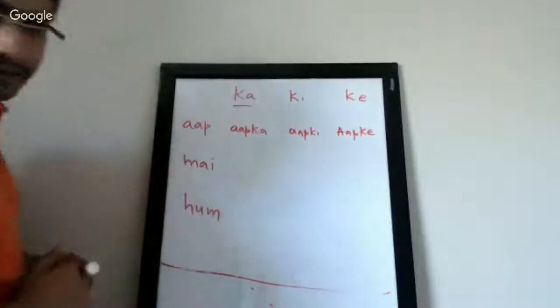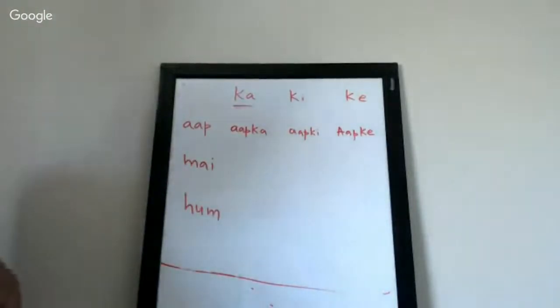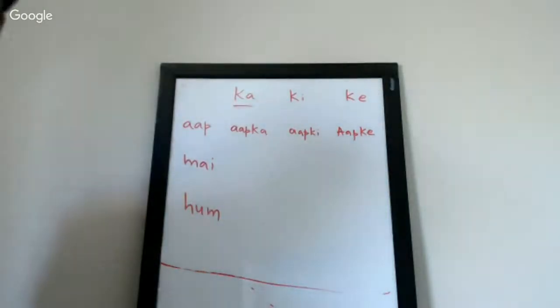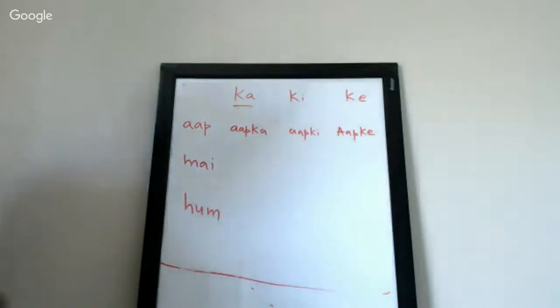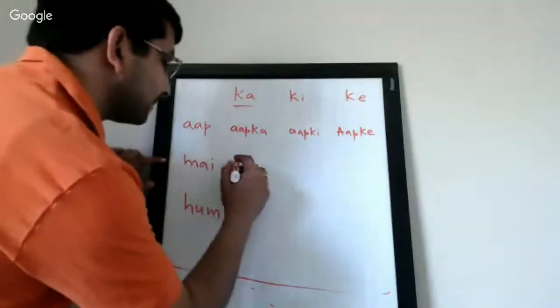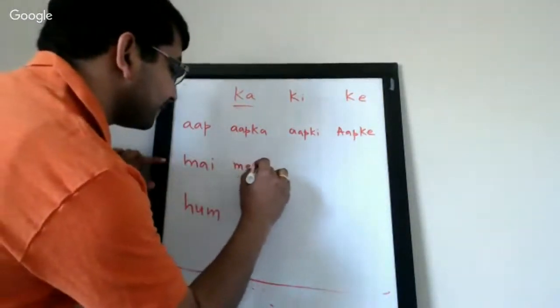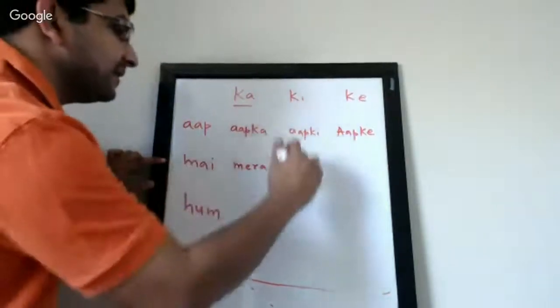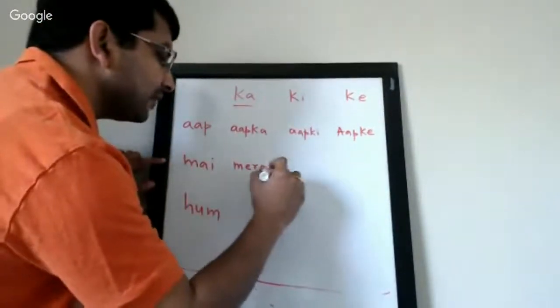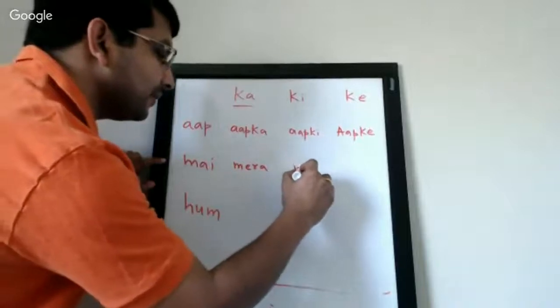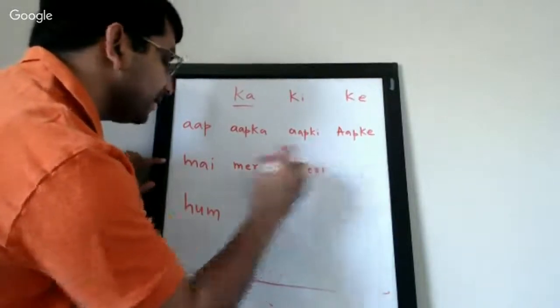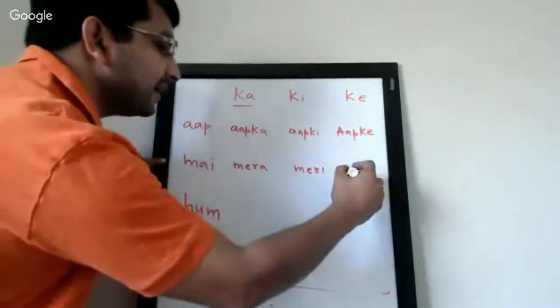Main plus ka would be mera. Main plus ki is meri. So you can say mera, and then meri, and then main plus ke is mere.